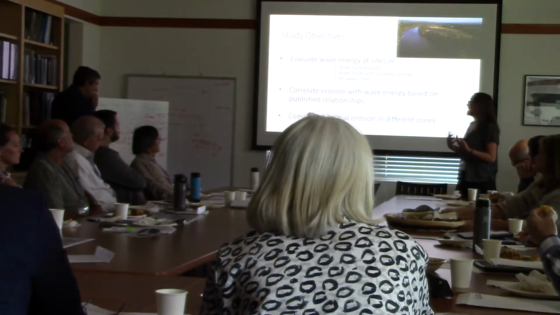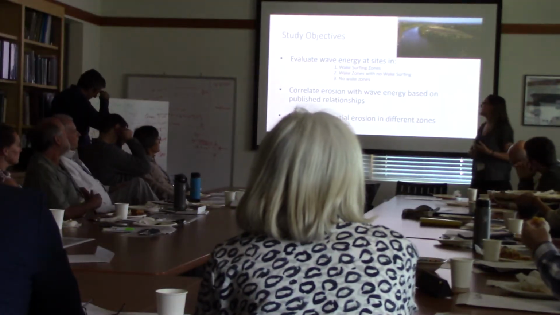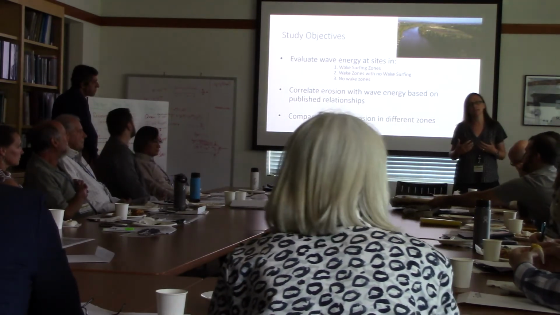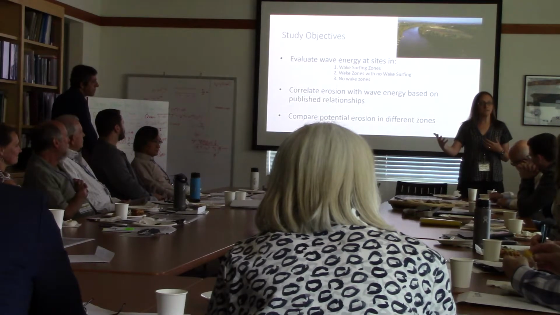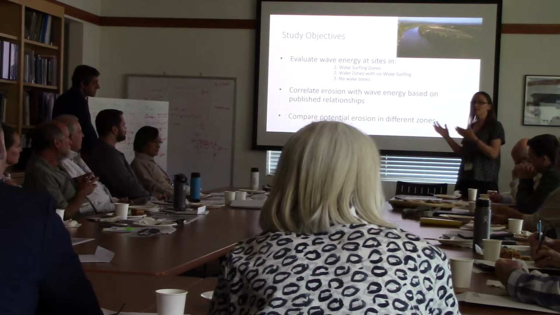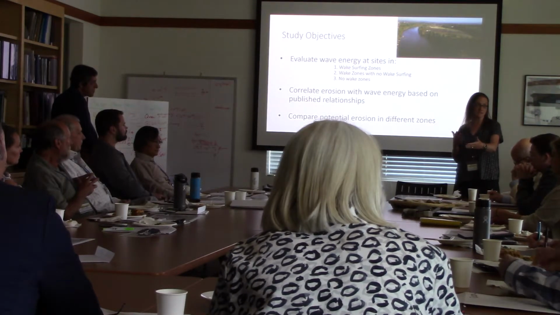And so with that, we can correlate erosion with energy based on published relationships. And you've heard all of the factors that go into play with that wave energy and how much erosion that causes.